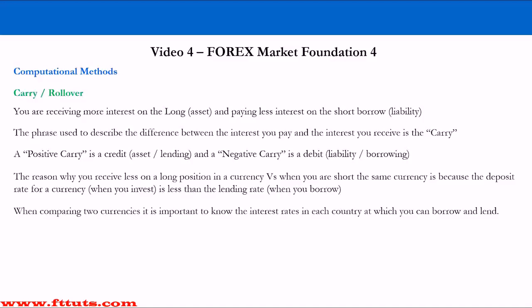And that's pretty straightforward and intuitive when you think about it. So if you go to a normal high street bank and deposit money in a savings account, it's pretty obvious that the rate that you receive on your savings account from that bank is going to be a lot less than the rate that they lend money out at the same bank. So if you took a loan from the bank, the rate is going to be much higher.